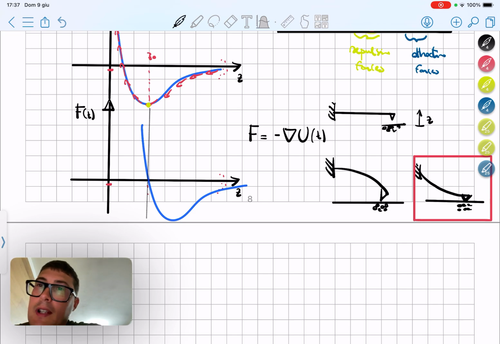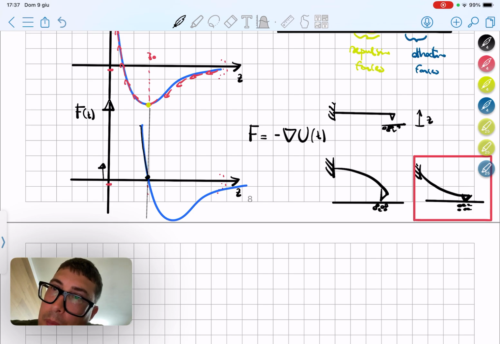From this point onward the forces are positive, so repulsive, and from this point downward they are attractive.